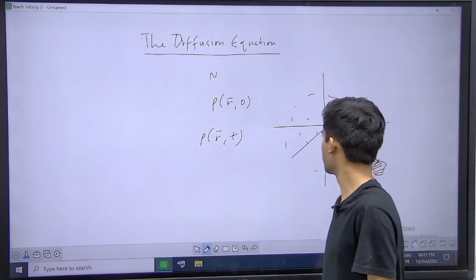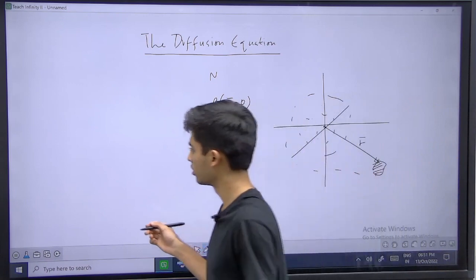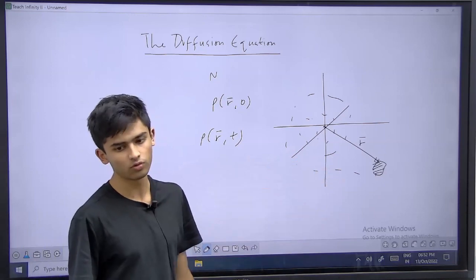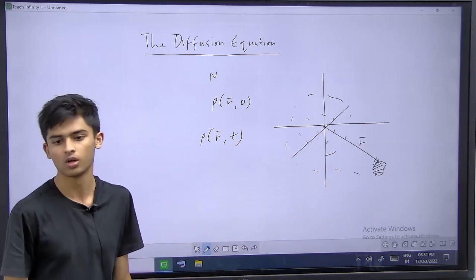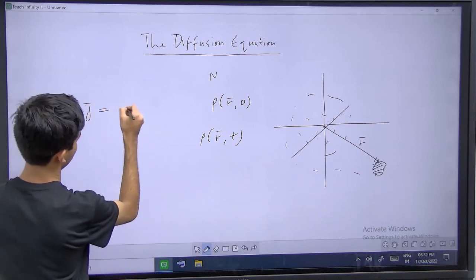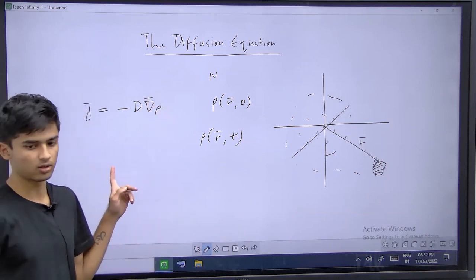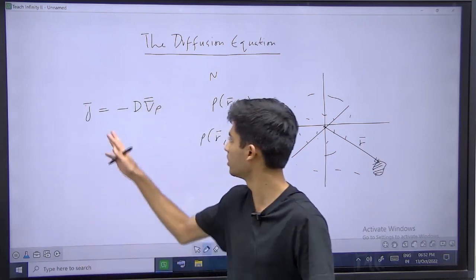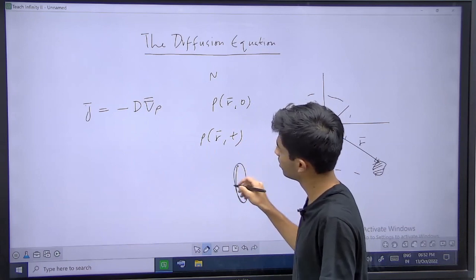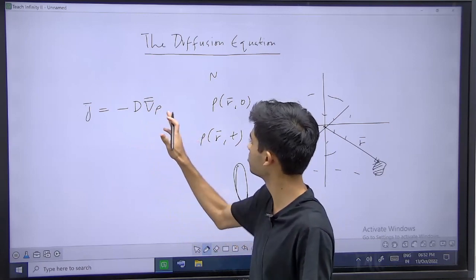So what we want to look at is how these particles move, and so the most basic model for how the particles should move is given by Fick's law of diffusion, and what Fick's law says is this: J is the particle flux. It looks like a current density. It's like a particle flux density. And D, and this is the negative gradient of the existing distribution of particles.